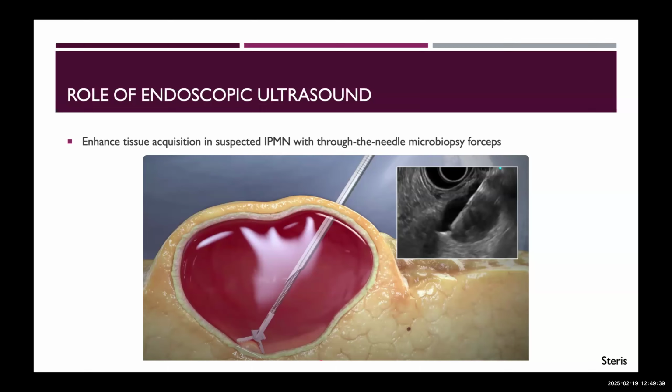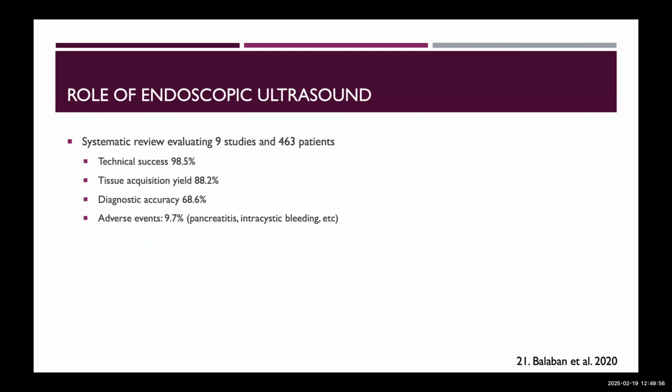The diameter of the FNA needle is around 1 millimeter, so it's truly a microbiopsy forceps. You would take tissue from the edge or the wall of the cyst and any solid components that might exist. Technical success is quite good in this case, meaning that you're actually able to put the forceps through the EUS FNA needle.